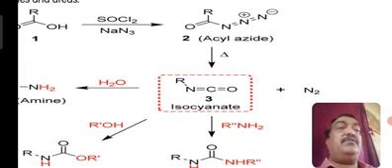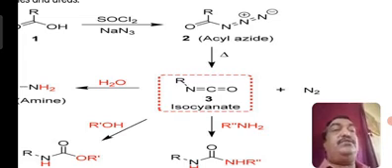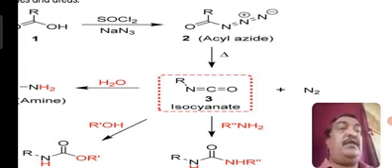RN double bond C double bond O, with R equal to CH3, is methyl isocyanate, a very poisonous gas generated by the industry, which killed many thousands of people, and thousands are still suffering from the impact of methyl isocyanate.